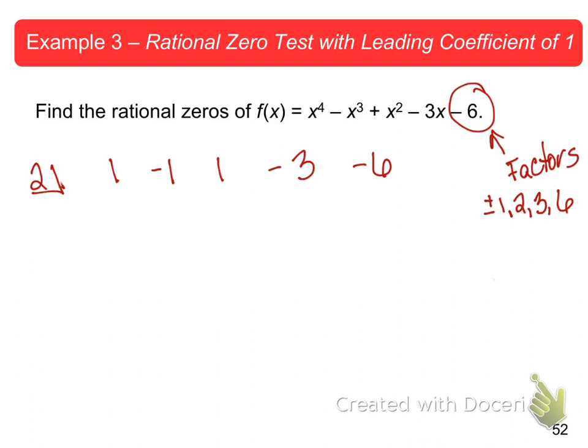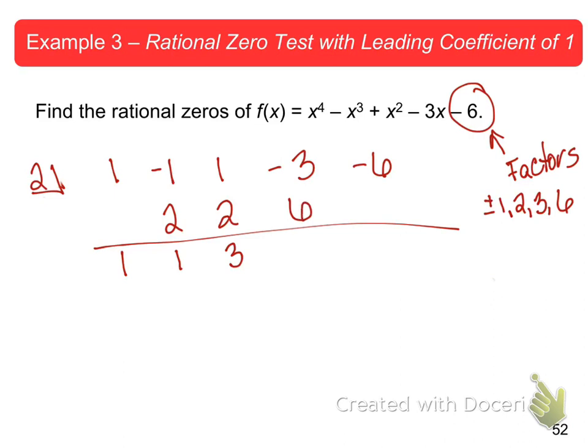Okay? So now, I'm going to bring down my 1. 2 times 1 is 2. Negative 1 and positive 2 is positive 1. 2 times 1 is 2. 1 plus 2 is 3. 2 times 3 is 6.